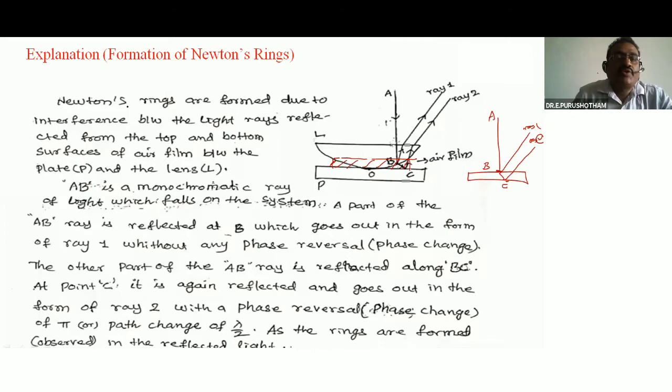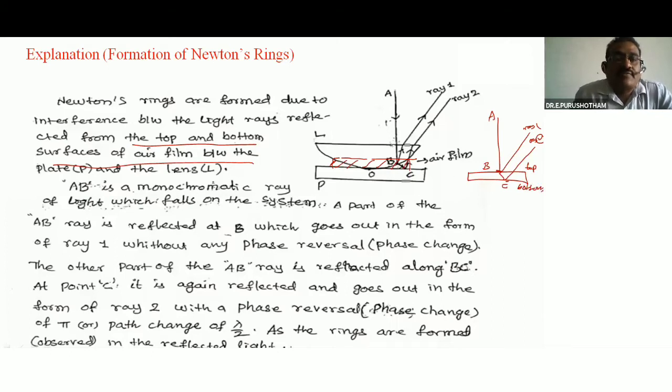You can observe here, Newton rings are formed due to interference between the light rays reflected from the top and bottom surfaces of the air film. So this is the top surface, this is the bottom surface.